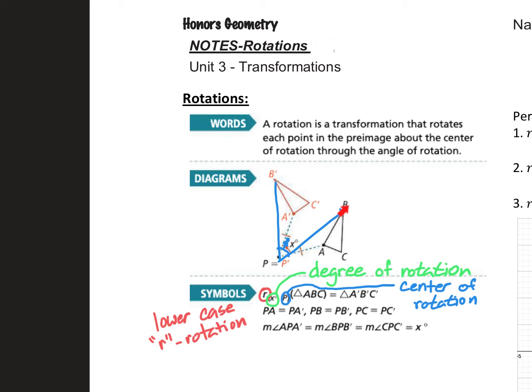And CPC prime would also have the same degree. It's kind of messy there, and I also have that weird arrow that for some reason is frozen on the screen. But all those angles, all the points have to rotate the exact same degree, so that way you actually get a rotation of the whole figure.